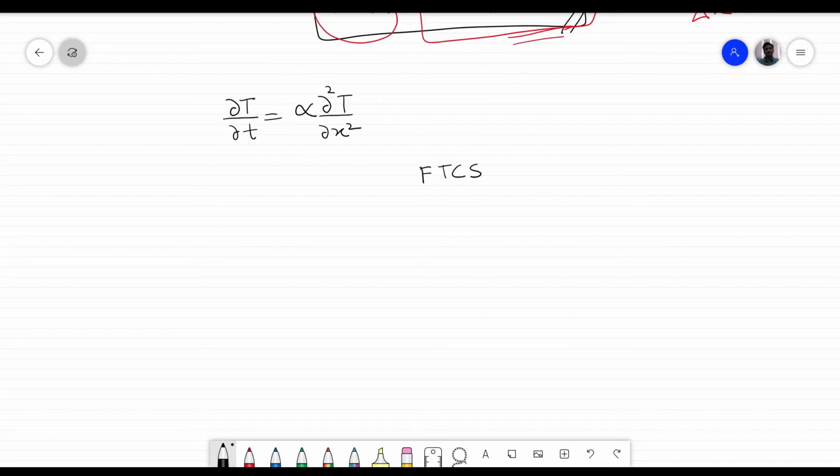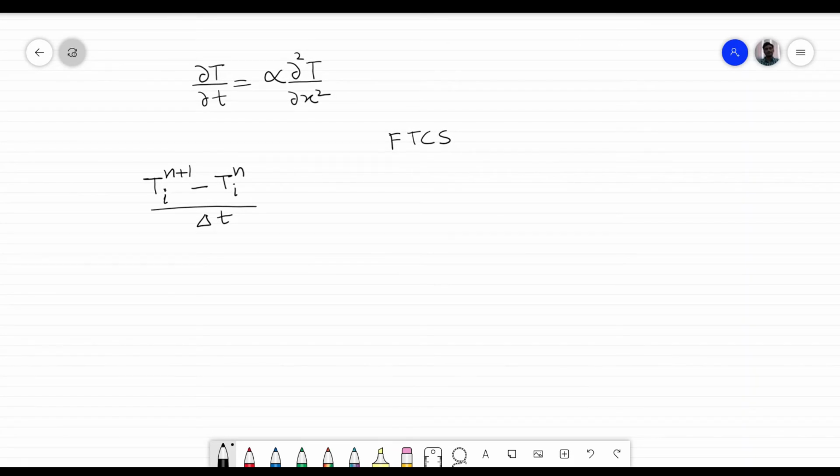So we wrote forward in time, T i n plus 1 minus T i n by delta t. There is no j in this case because there is no y direction. By the way, we can do a similar thing for 2 dimensions also. We will have i comma j there.